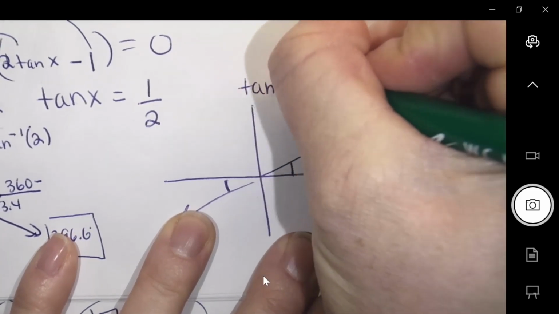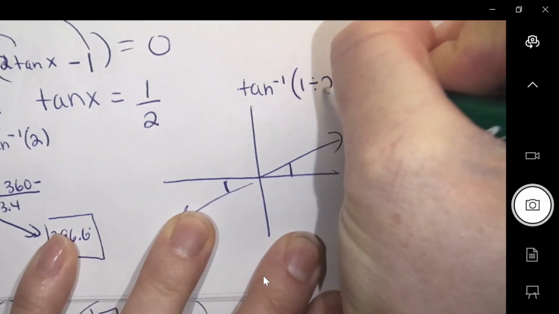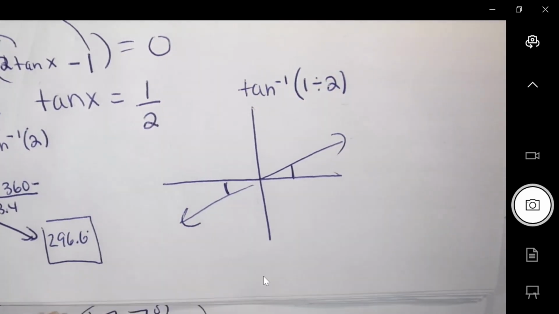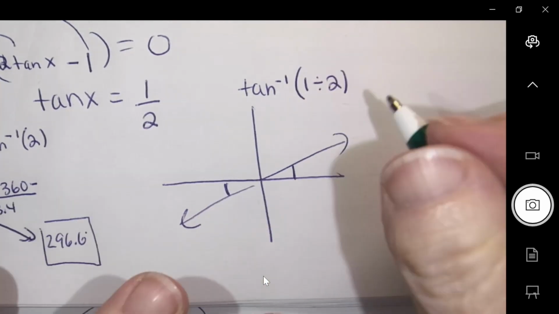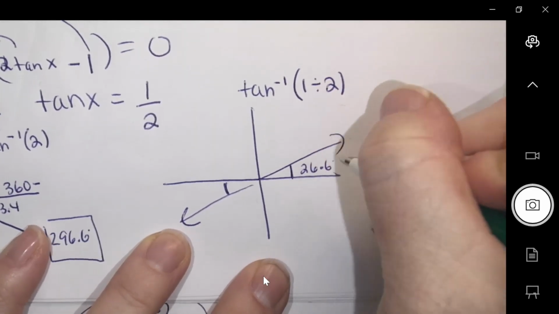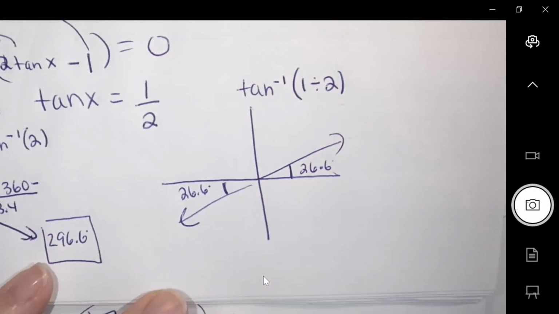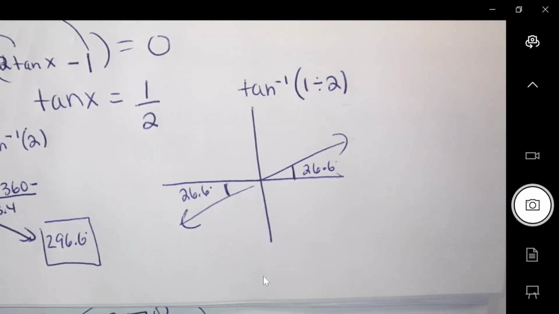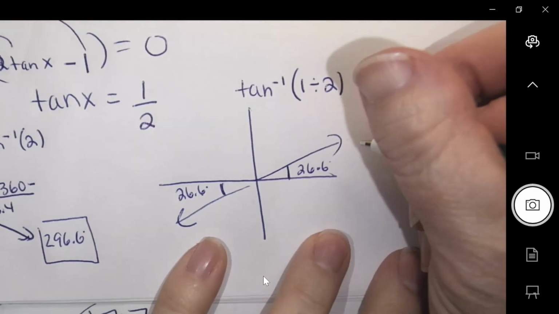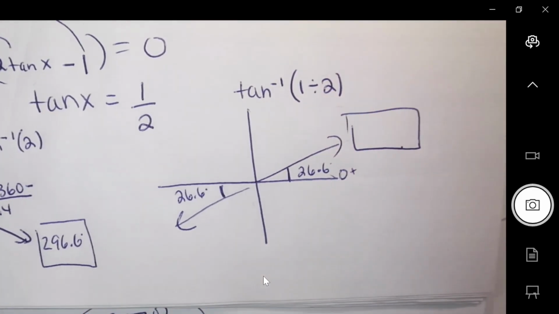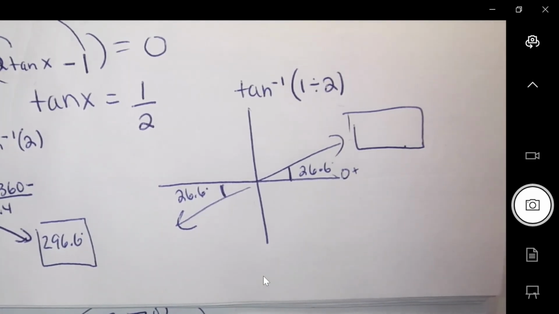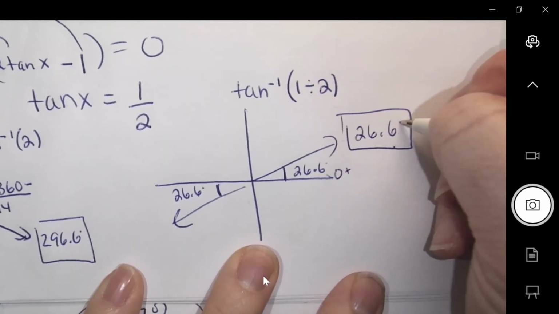So I'm going to tan inverse bracket 1 divided by 2. Brackets would be important on that one. See, here's the 26.6 I was talking about. So this angle would technically be 0 plus that much, which is just 26.6.